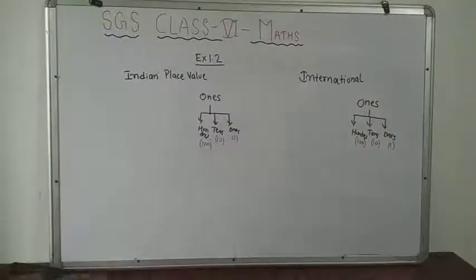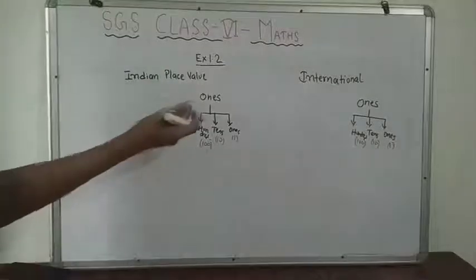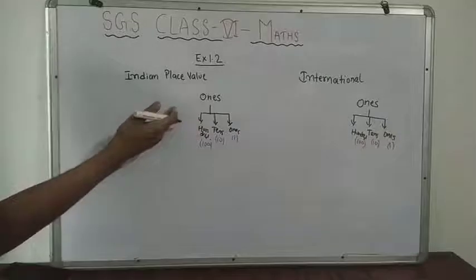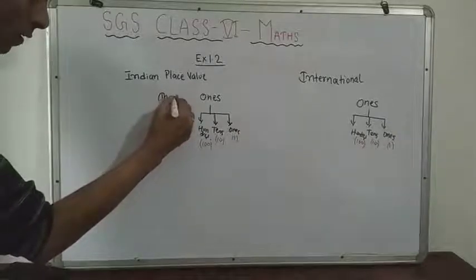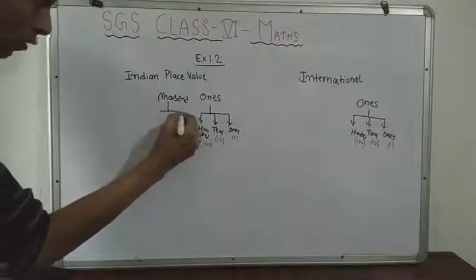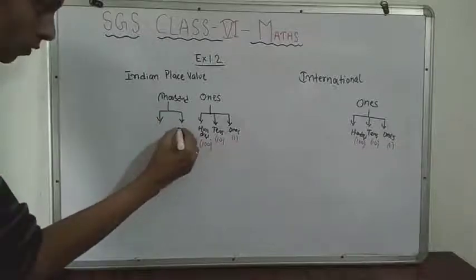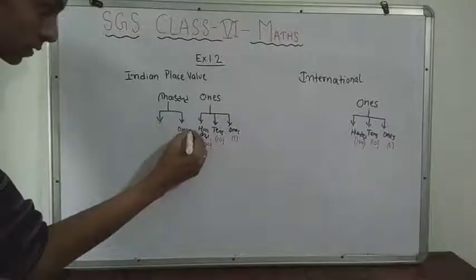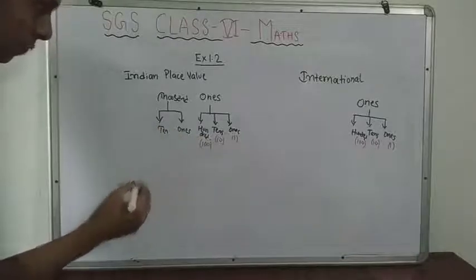Now when we move to the next place in the Indian place value chart, after ones, what place comes? The thousands place comes. And in the Indian place value chart, the thousands place is divided into 2 parts. One is called ones thousands, the other is called ten thousands.